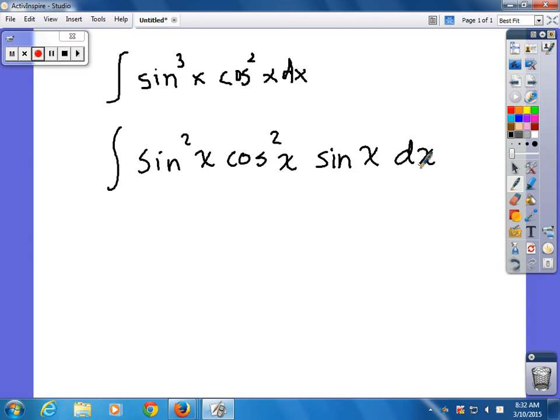That might help you a little bit because that's a whole lot easier to work with. And that's the derivative of that, isn't it? Well, not cosine squared, but what's the derivative of cosine? Right? Or the negative sign. So now you're looking for that fourth bolt.